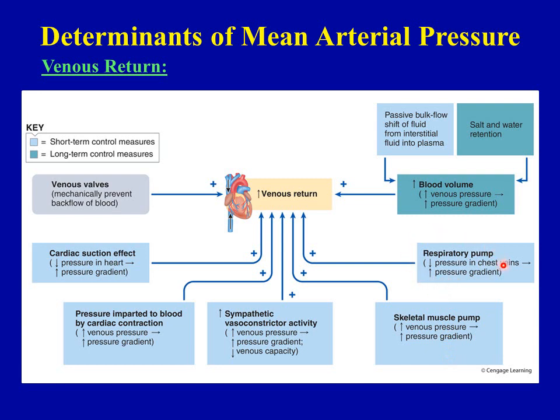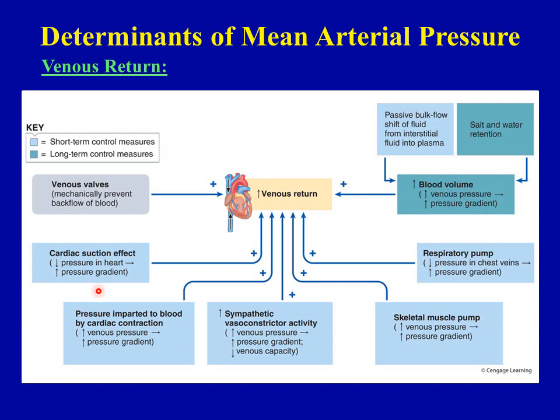Another also important mechanism is the respiratory pump, because we know that during inhalation the intrathoracic pressure will be negative, and this will decrease the pressure in the chest veins and will ensure a higher pressure gradient for the venous return during diastole. There are other factors like the cardiac suction effect, and this happens mainly during vigorous exercise.